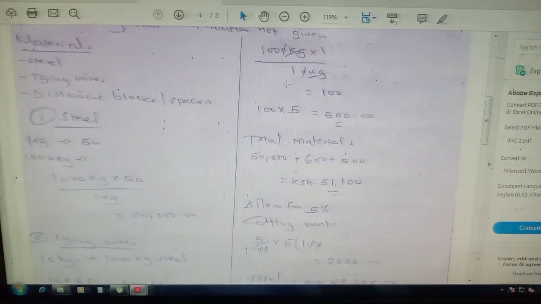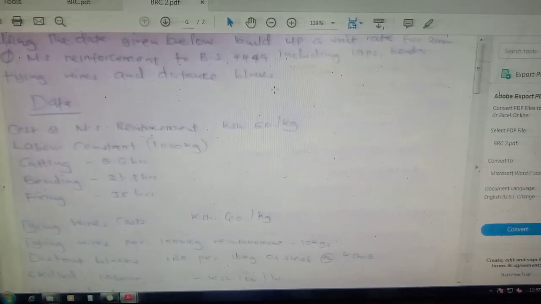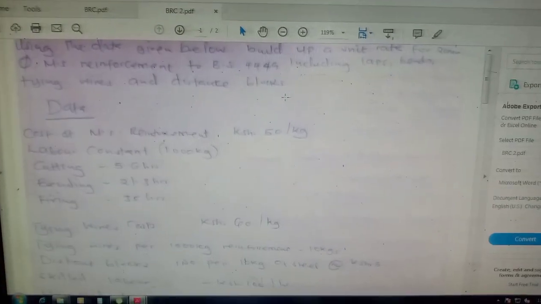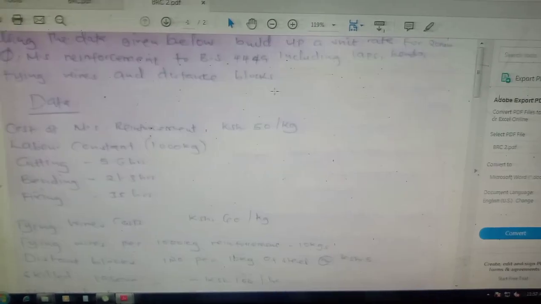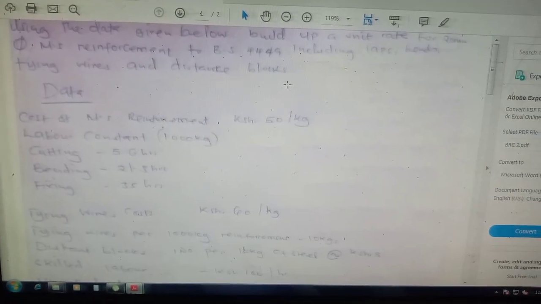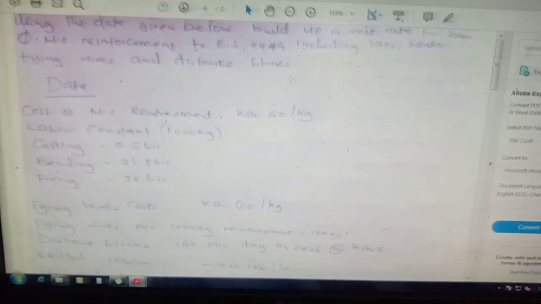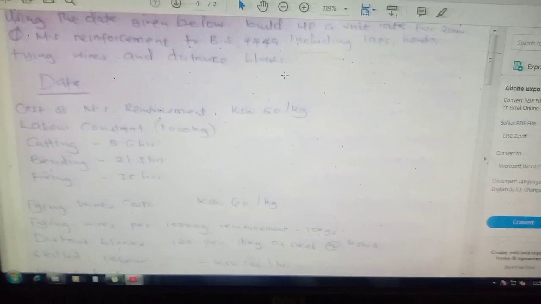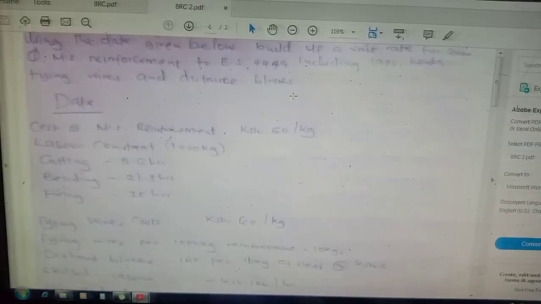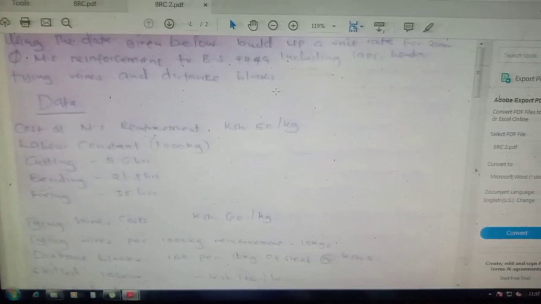So we'll begin with the steel, the reinforced steel. There are some abbreviations above here. I've read them and maybe some of you will not understand. The MS means mild steel. Then that O, that cross, is diameter, so that is the diameter of the reinforcement bar. Then the BS is building standards.